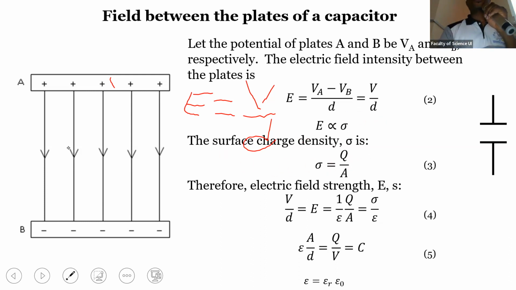And also, we should recall what we spoke about when we were talking about continuous charge distribution on a surface, where we defined sigma to be equal to the charge per unit area.